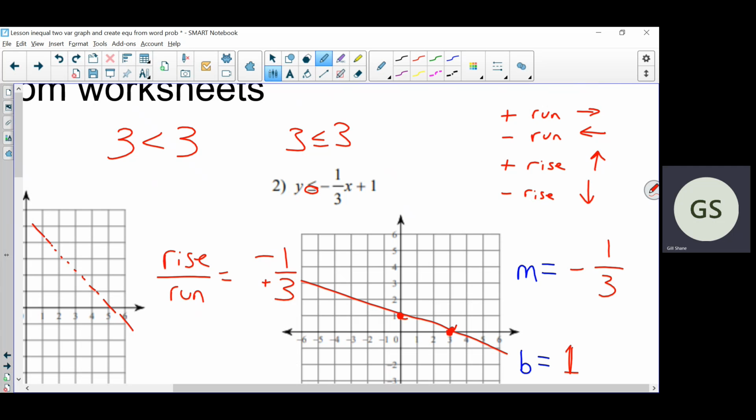Here it's not a solution. That's why we make it dashed, because we're saying those points on the line are no longer a solution. The number is not less than, or the number is not greater than itself. Here it's less than or equal to, so we can say yes, this is a solution, because 3 is not less than 3, but it is equal to 3, and that's okay on this side.